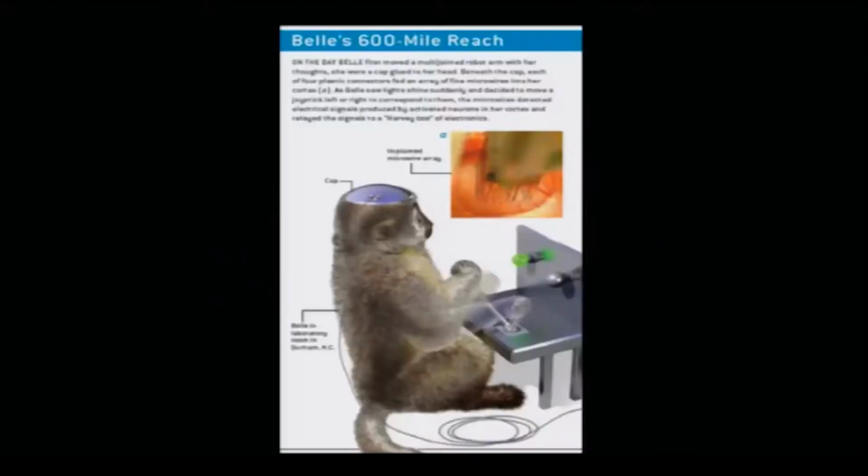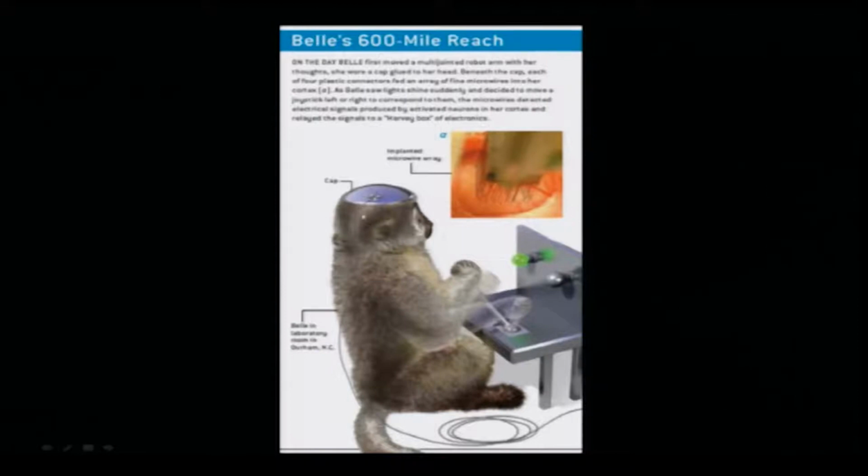On the day Belly first moved a multi-jointed robot arm with her thoughts, as I was telling in the beginning, with your thought, she wore a cap glued to her head. It is filled with all the electrodes. Beneath the cap, each of the 4 plastic connectors fed an array of fine microwires into her cortex.